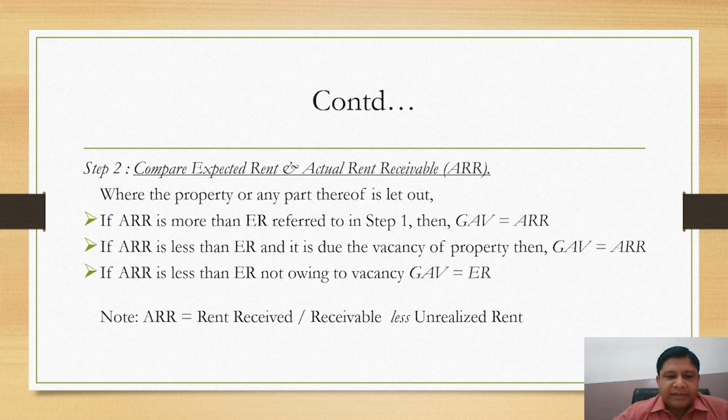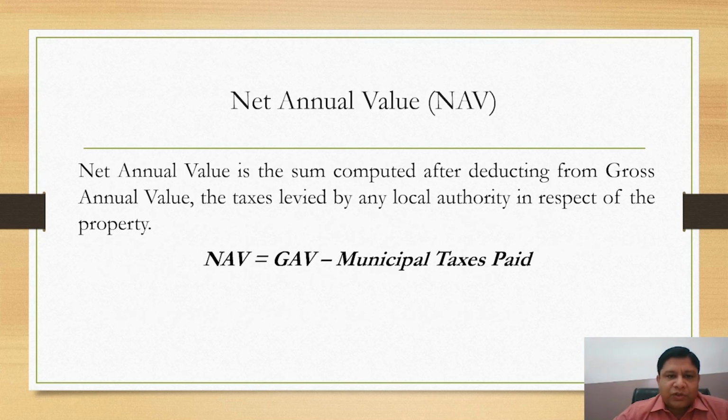If ARR is less than ER not owing to vacancy, then GAV equals ER. For notification purpose, ARR here equals rent received or receivable less unrealized rent. Moving further to step 3, we should first know about the net annual value.